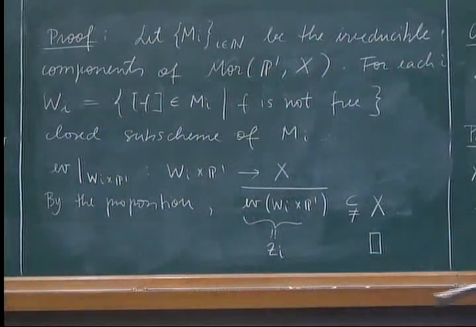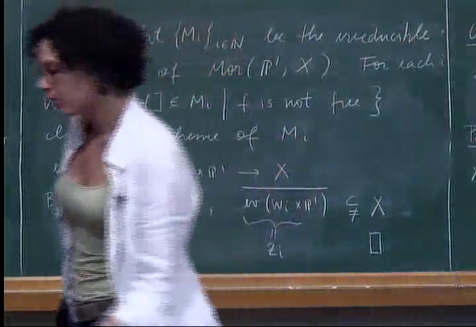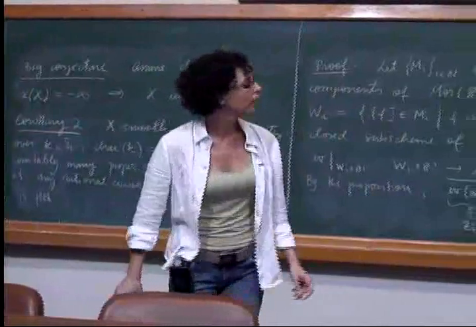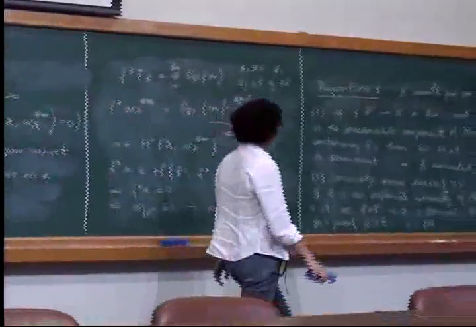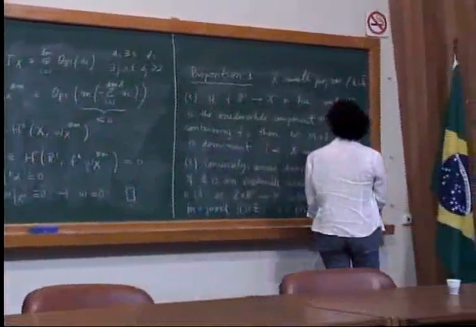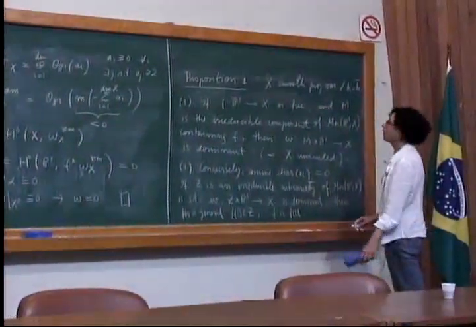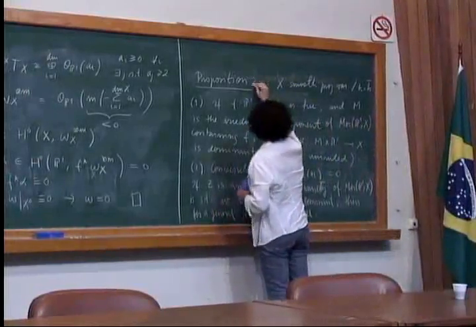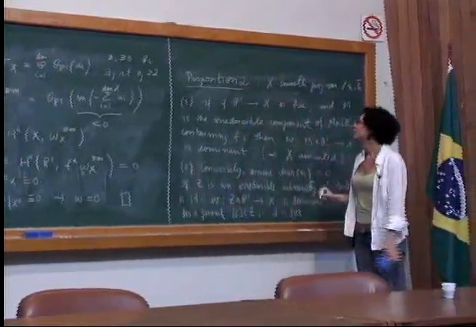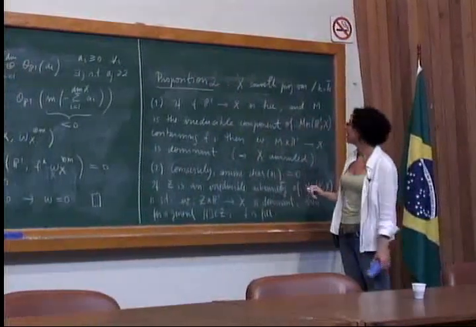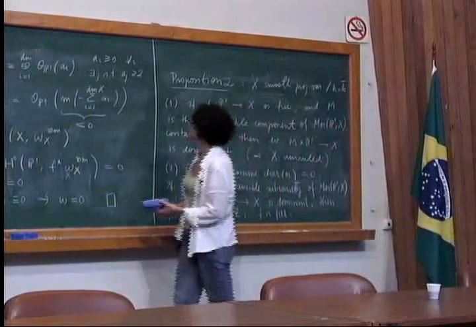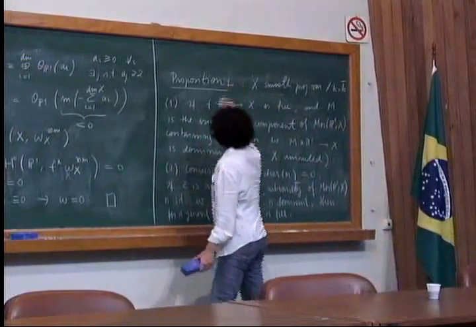Okay, so now before I go on, I should say that we have a similar proposition for very free morphisms in place of free morphisms. So, proposition 2, I could state it like this. Maybe it's better if I rewrite this.